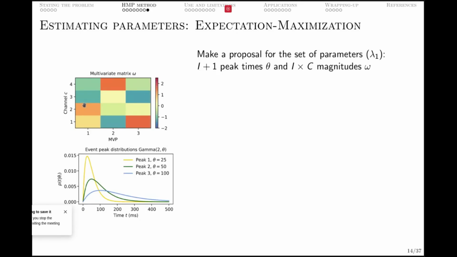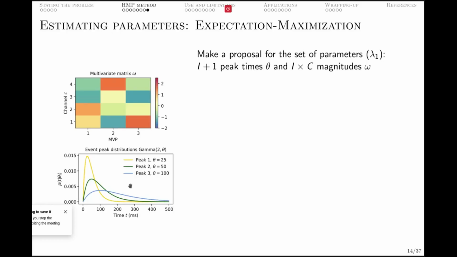And your parameters are that many coefficients, so channels times the number of events that you expect in the data. And in this case, 3 parameters, one for each time distribution for each event, right? And that's your number of parameters. In this case, you have 4 times 3, so it's 12 coefficients for the channels and 3 time distributions, so that's 15 parameters.